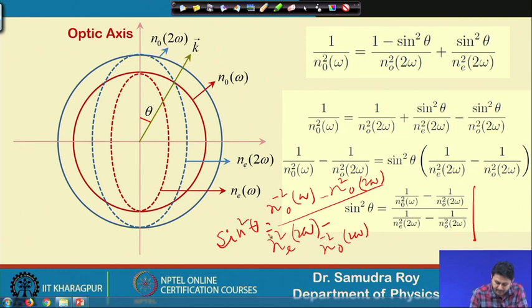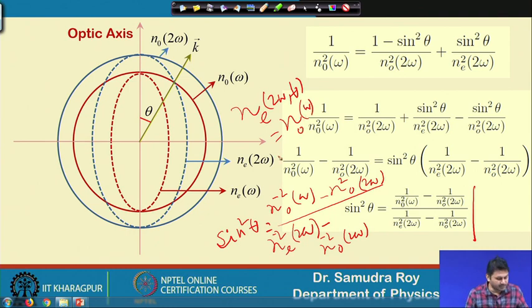In both cases we have a negative sign. In order to calculate, one important expression that we have used is n_e of 2 omega at theta is equal to n_o of omega.